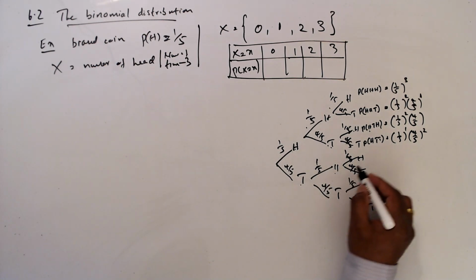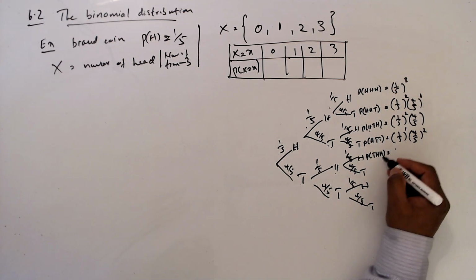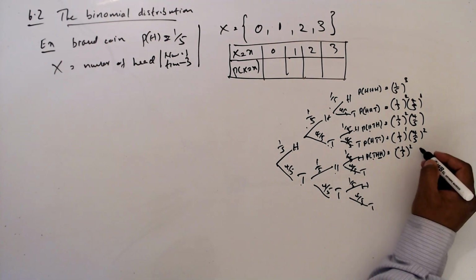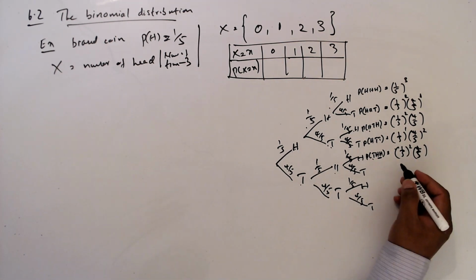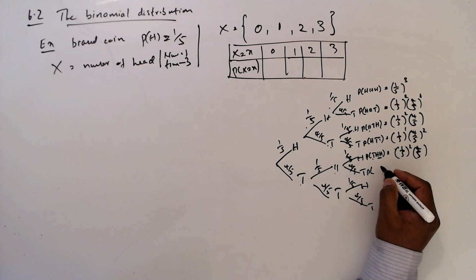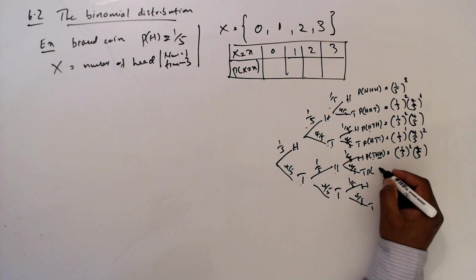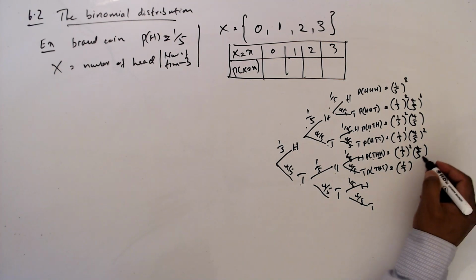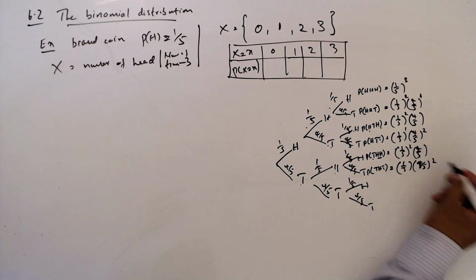This is tail, head, head. Probability of tail, head, head: 2 heads there, so 1 over 5 squared and 1 tail, 4 over 5. I always write the tail on the other side. Probability of tail, head, tail: that is 1 head and 2 tails, 4 over 5 squared.